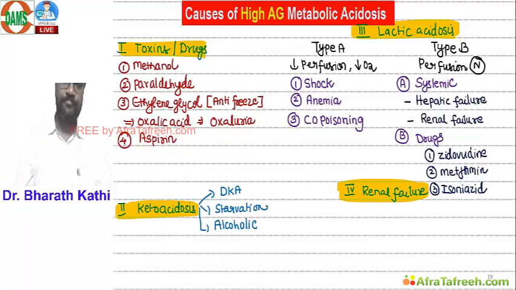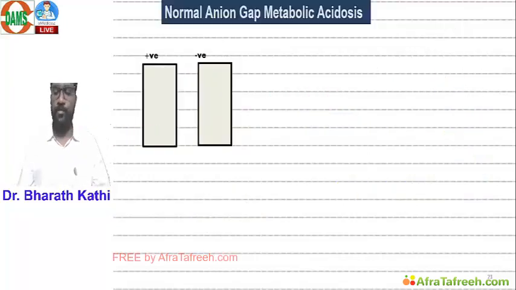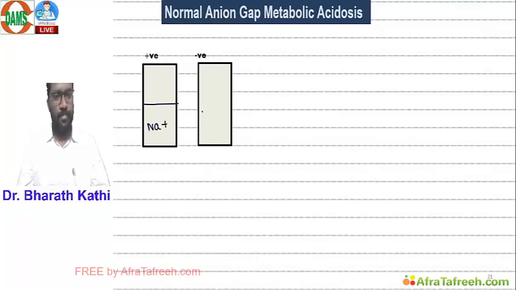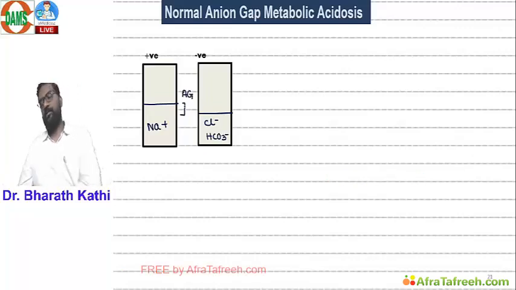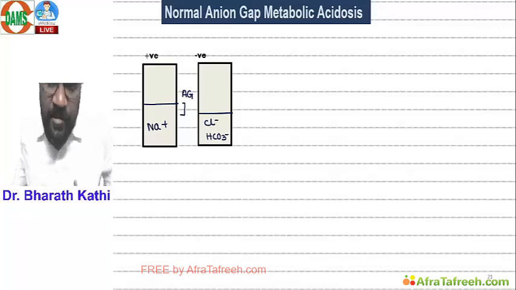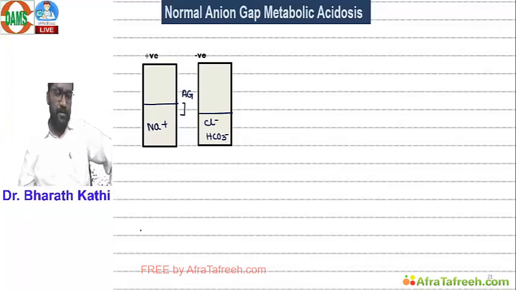Next, coming to normal anion gap metabolic acidosis. Again the same compartments: sodium, chloride, bicarbonate. There is a gap called as anion gap. Here the reason for this is not addition of acid.